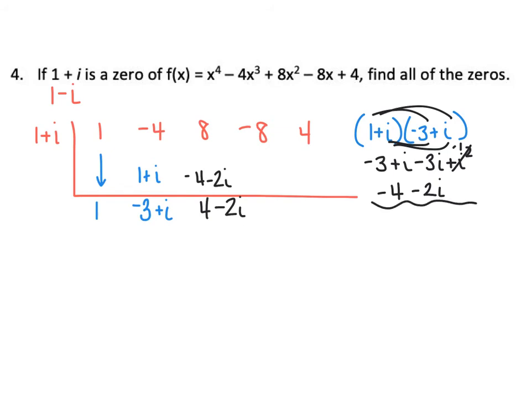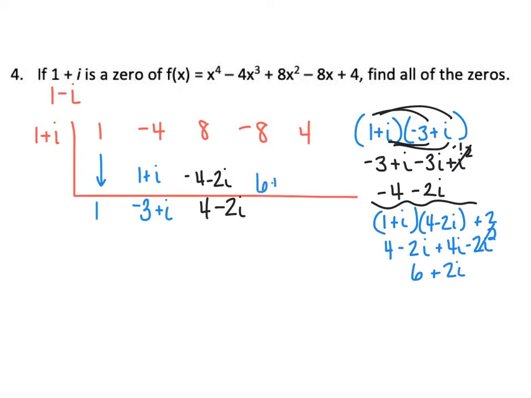Okay, so I'm back to multiplying. This would be 1 plus i times 4 minus 2i. So I end up distributing again, would give me 4 minus 2i plus 4i minus 2i squared, which would produce 6 plus 2i. When I add, that would be negative 2 plus 2i.